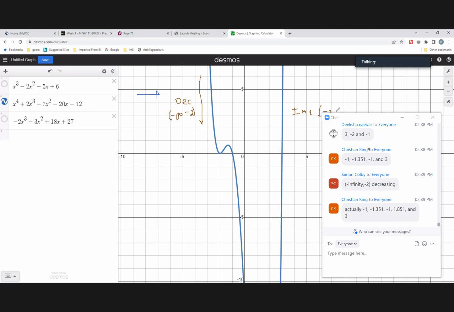Negative 1.35. Again, see how we're putting the parentheses because it doesn't include that. So now it's increasing, and now we're going to have another decreasing. So I'm putting it over here.